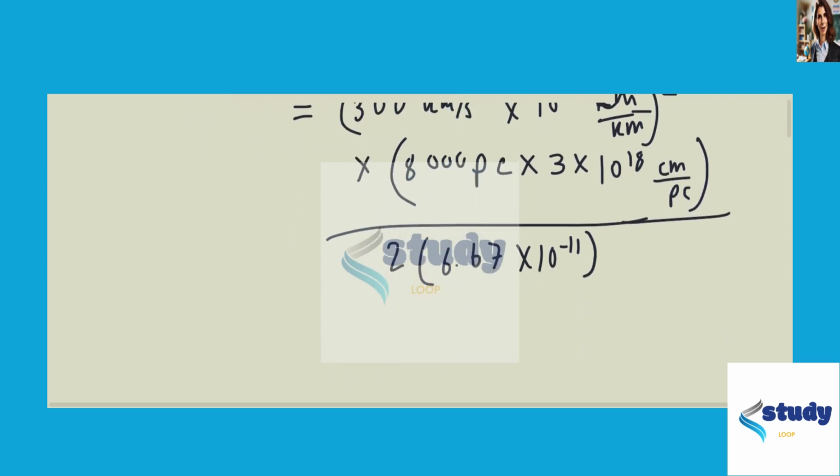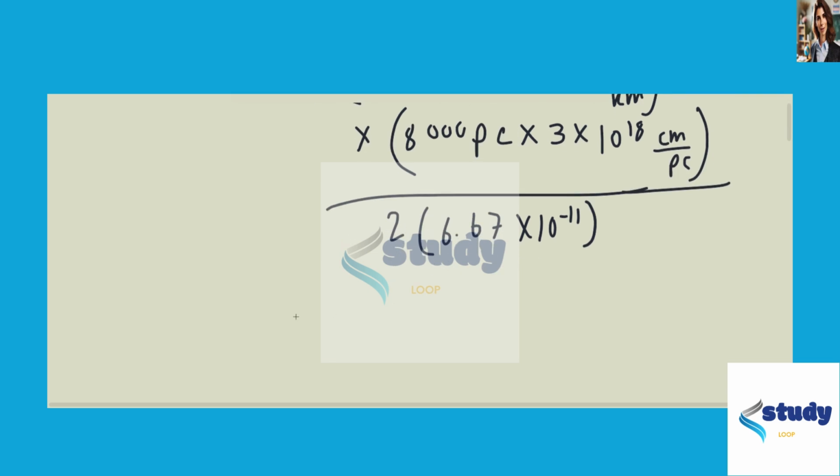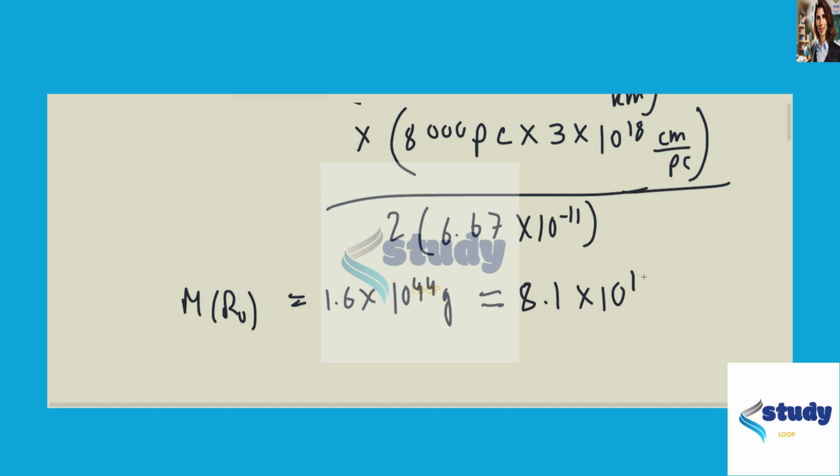Okay, so this will give you a mass within R naught of 1.6 times 10 to the 44 grams. And you divide that by about 2 times 10 to the 33, and you get a mass in solar masses of 8.1 times 10 to the 10 solar masses as the mass within that radius.